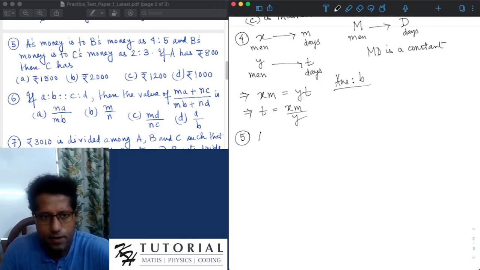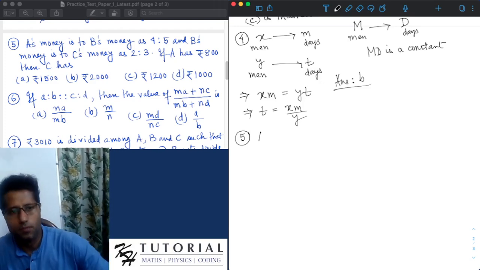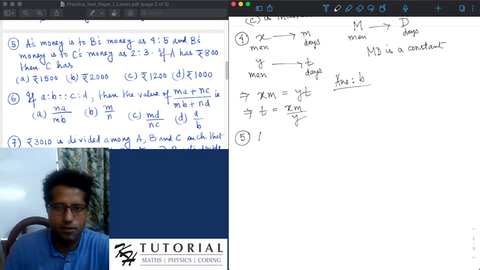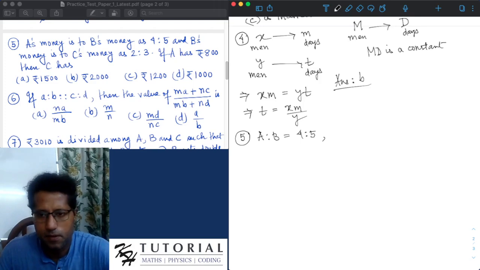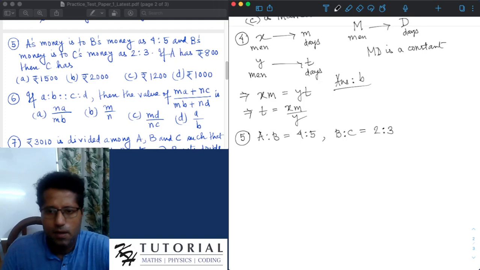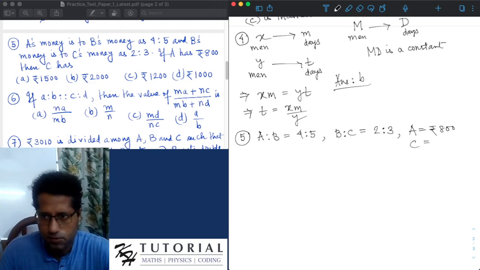If I denote capital A to be A's money, capital B to be B's money, and capital C to be C's money, it is given that A is to B equals 4:5, and also B is to C equals 2:3, and it is given also that A equals rupees 800. Then we have to find C.